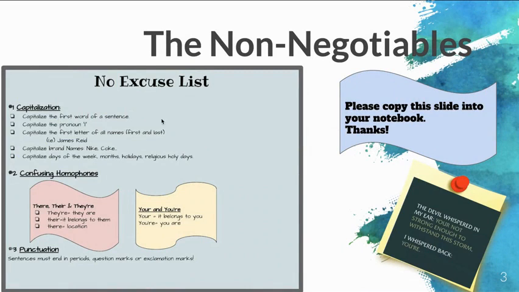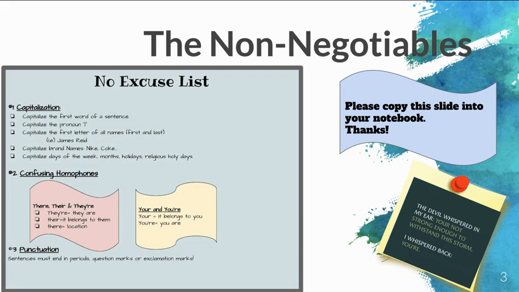So let's start with the number 1, capitalization. Capitalize the first word of a sentence. That may seem very obvious, but what you'll notice when you go look at your draft, many of you didn't do that. So you want to make sure that you capitalize the first word of every sentence.